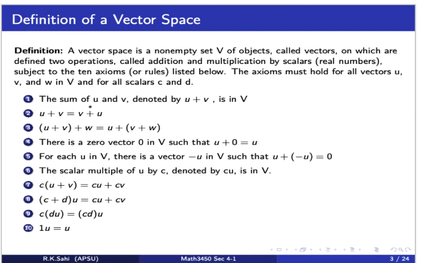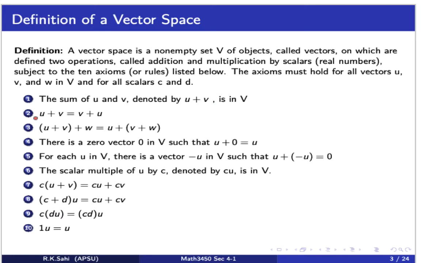The first axiom is that if you're given two elements, u and v, in the set capital V, then the sum, which we denote by u plus v, is in V. So that is basically called the closure additive property.